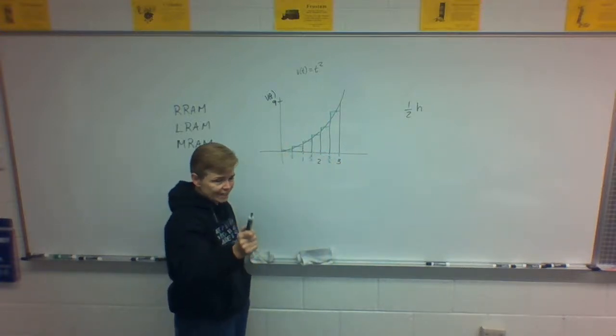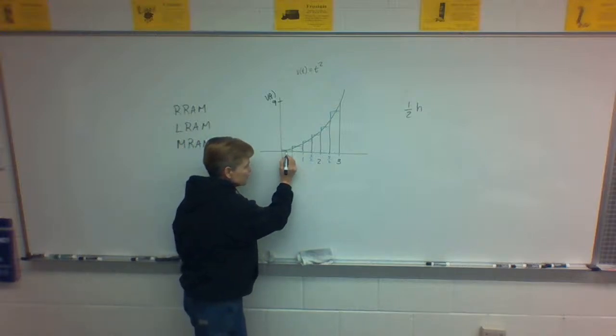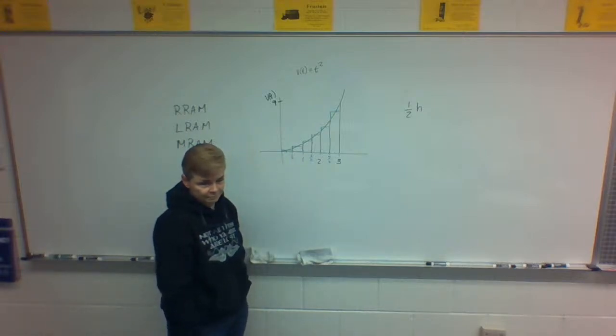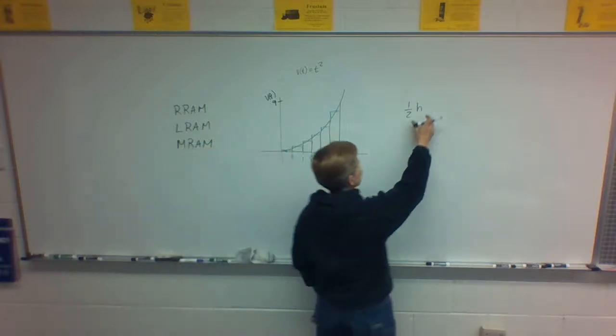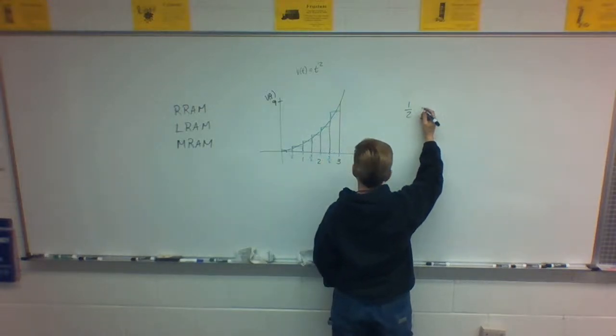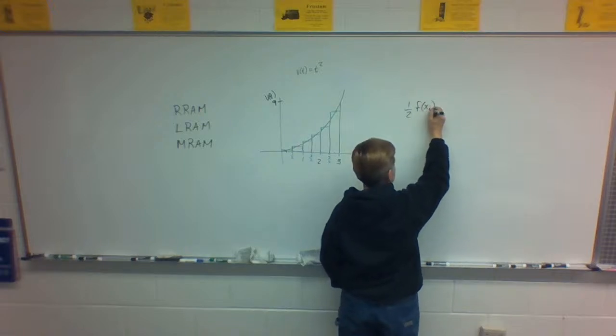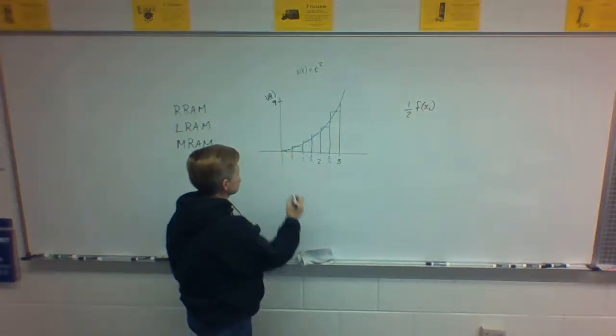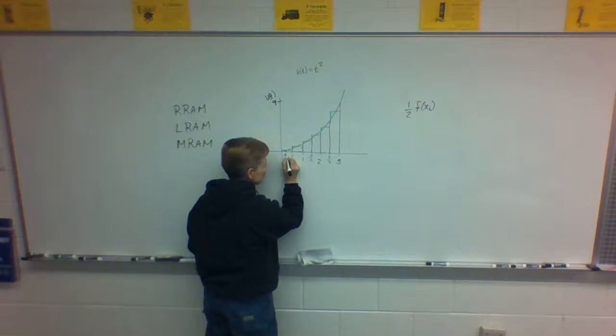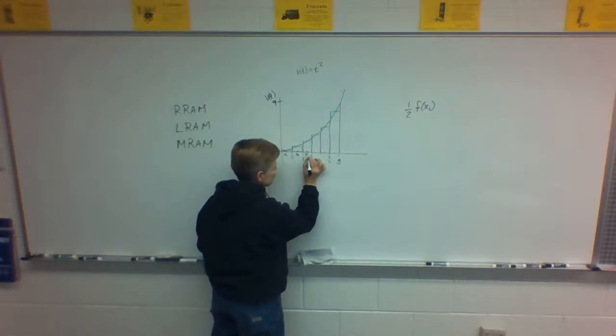The function at these values right here. So you get used to the notation, it's 1/2 times f of x sub i. The function evaluated at, this would be x1, this would be x2, this would be x3. Do you see what I'm saying?